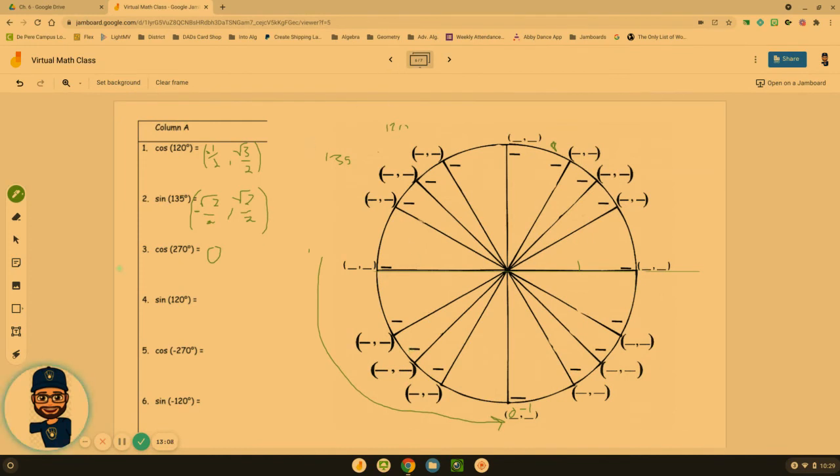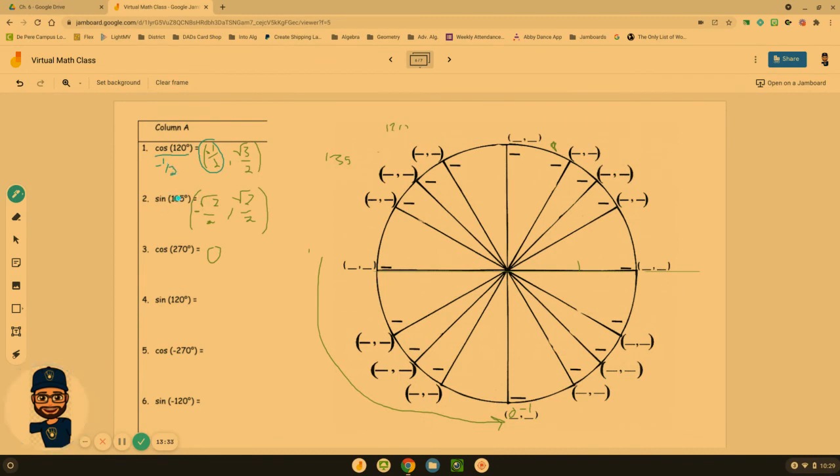So as we are writing these, notice we get the ordered pair. What we have to finish, and I'm going to write the answers now in blue, is making sure that we're only picking the one they're asking for. What is the cosine at 120? Cosine is the first one, so we only need to answer negative 1/2.